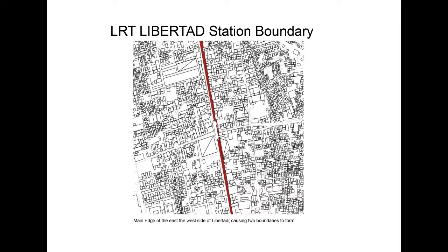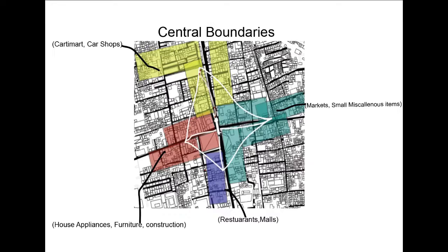The main Libertad edge also sets two boundaries. Obviously the station is very important, because the red line that I put for the Libertad represents that it divides the two places. It gives a different feel, as that whole line causes a divide between east and west.